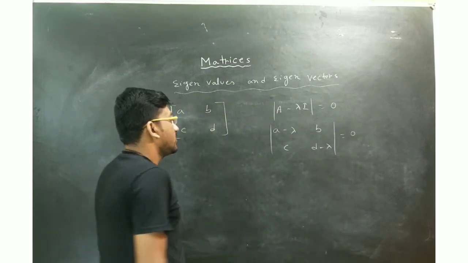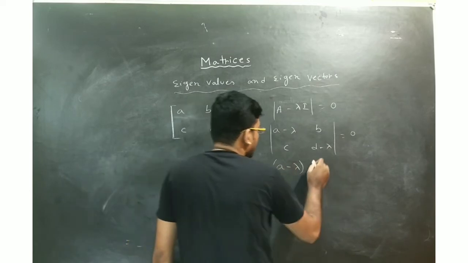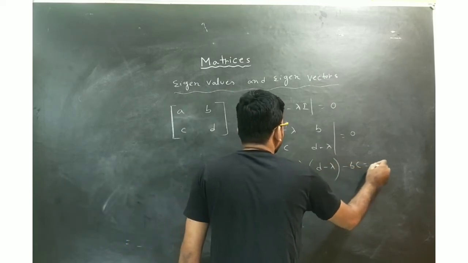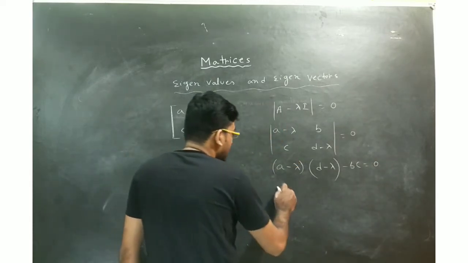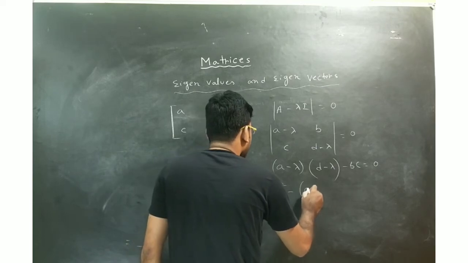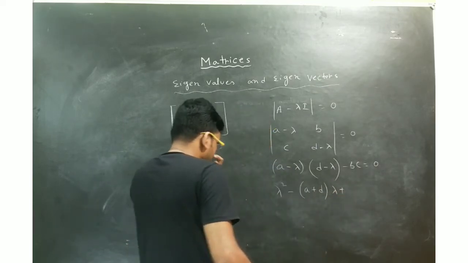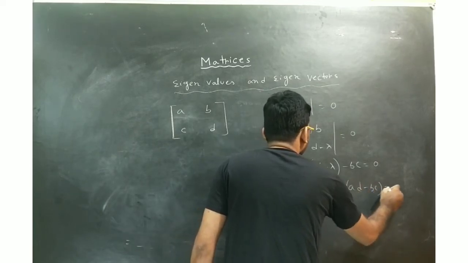Now if you solve it, you will get A minus lambda into D minus lambda minus BC equal to 0. Now if you rearrange this equation, you will get lambda square minus (A plus D) into lambda plus (AD minus BC) equal to 0.